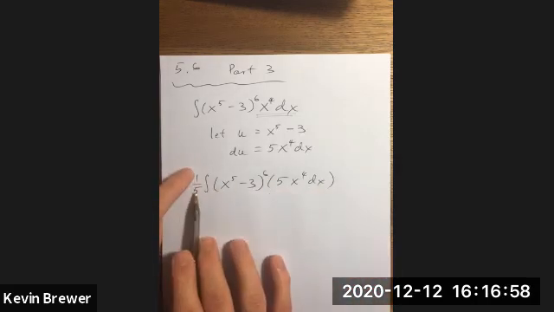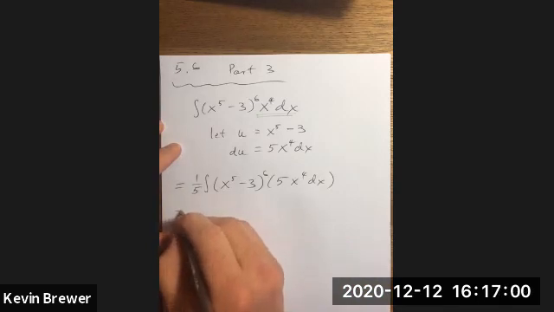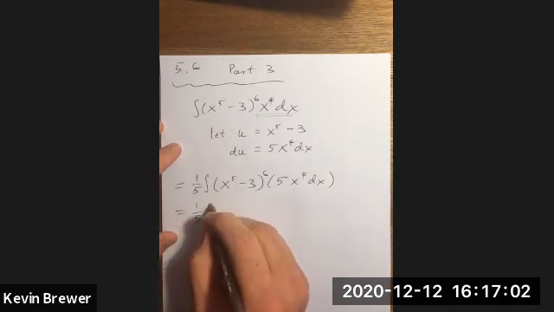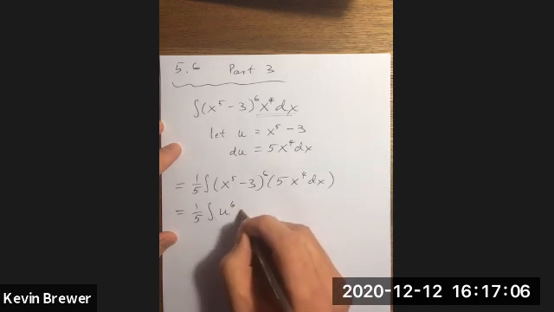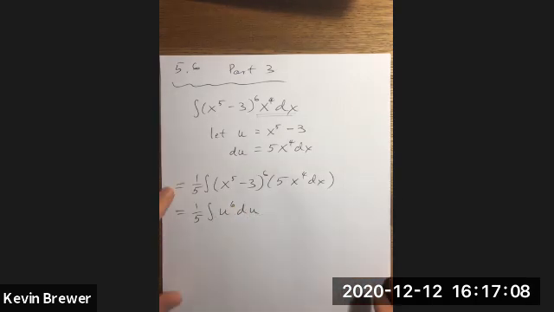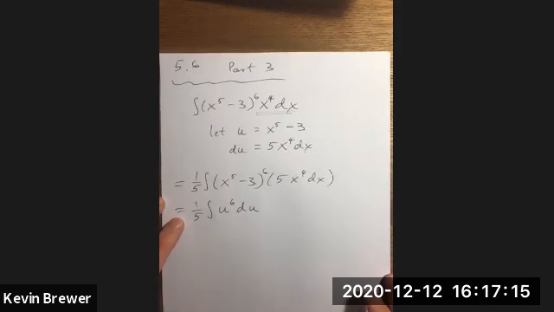We just have 1/5 times all that. So this is 1/5 times the integral of u to the 6th du.